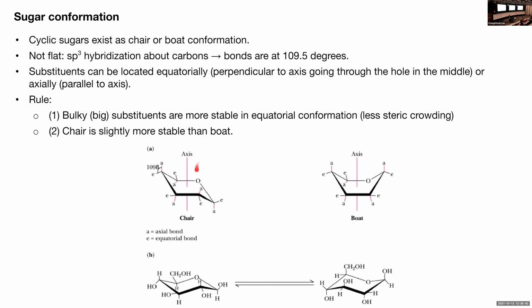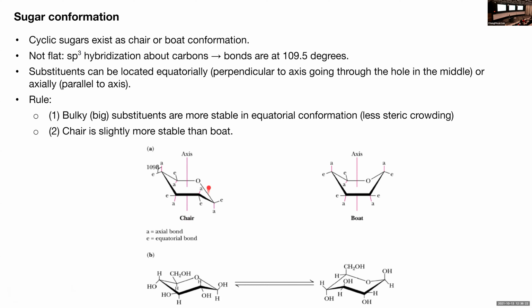And all the substituents, the other functional groups attached to those carbons, can be located along the plane of the sugar ring, which is equatorial, perpendicular to the axis that you can see going through the sugar ring, or they can be oriented axially, which is parallel to this axis.